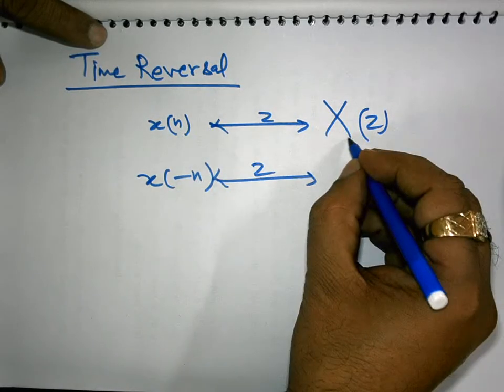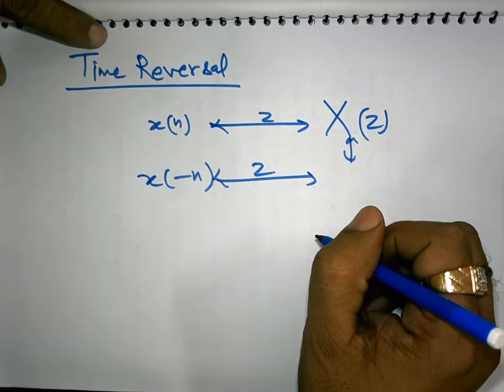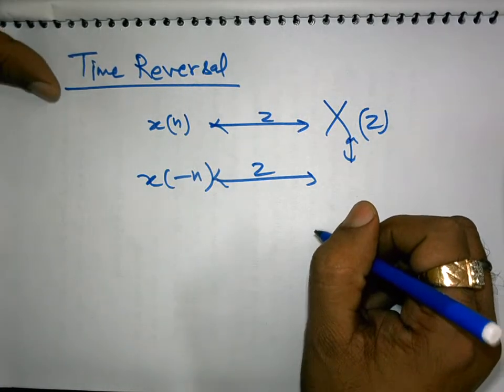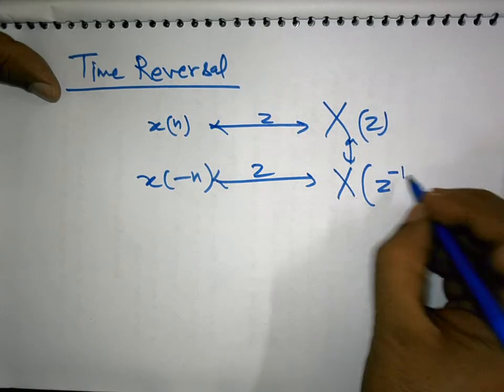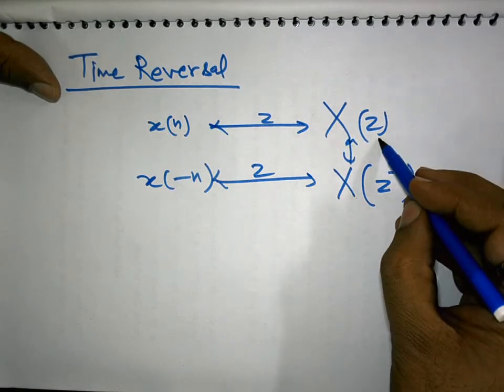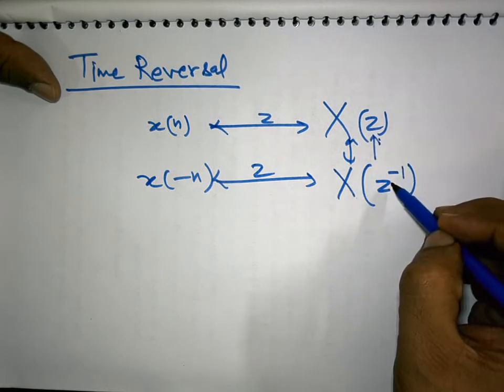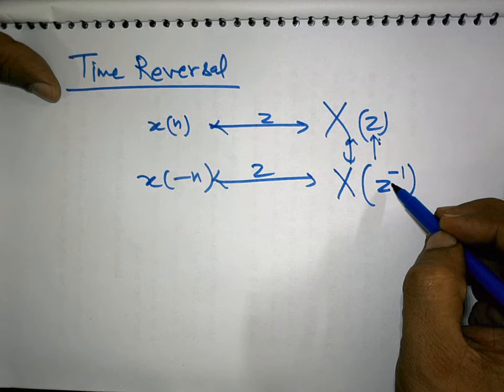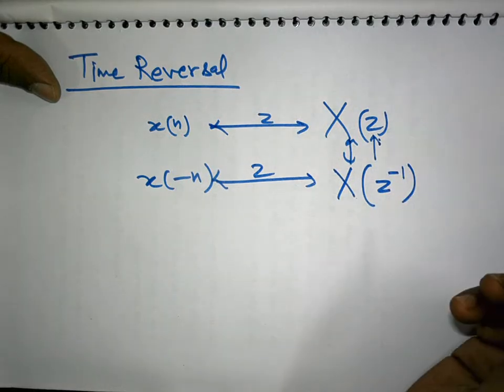Is there any relationship between this z transform and the z transform of the earlier signal? So, if we evaluate, we see that the z transform of this signal happens to be X at every place where there was z replaced by 1 by z. So, similarly, the ROC will also be reversed.